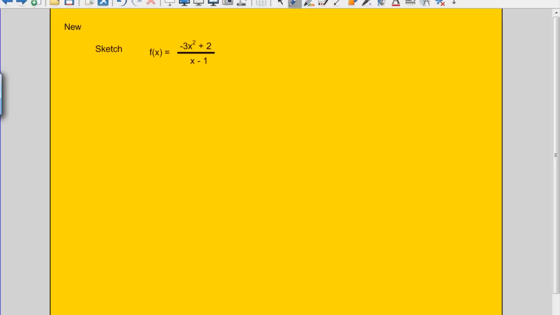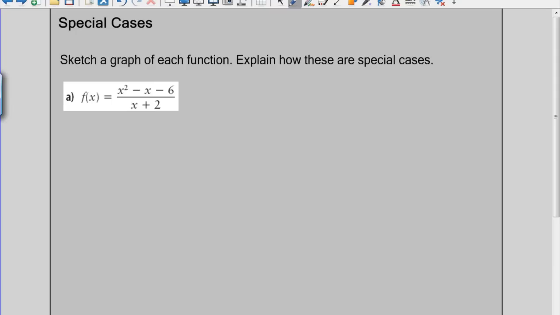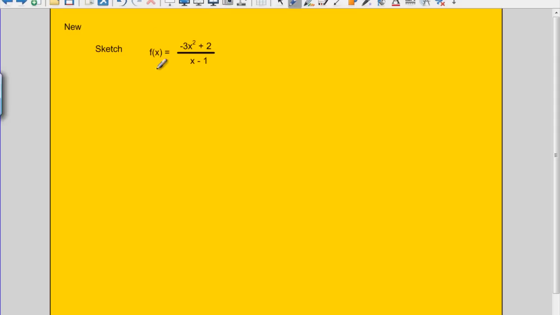There are a couple special cases that we need to be aware of when we're dealing with these. So when we're dealing with these, we have this particular situation where we have an exponent on top that is bigger than the exponent on the bottom. And something interesting happens in this case.